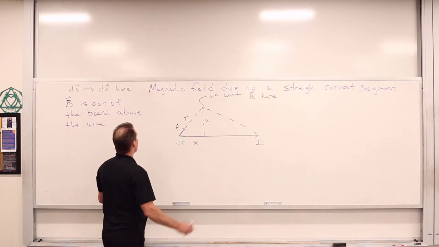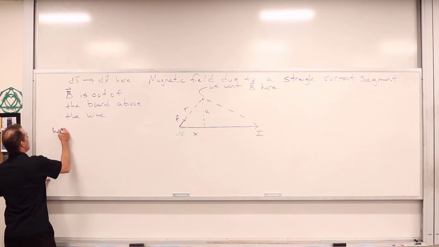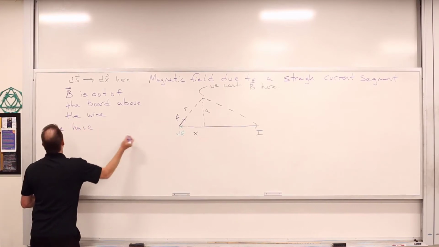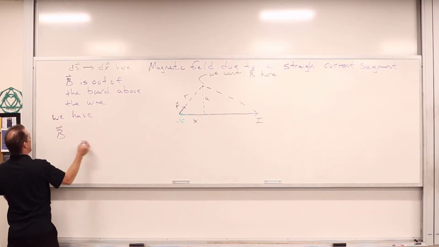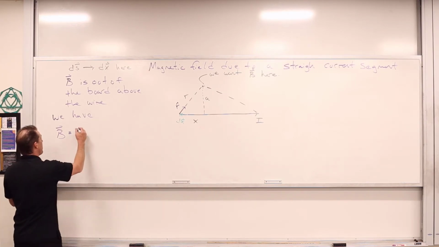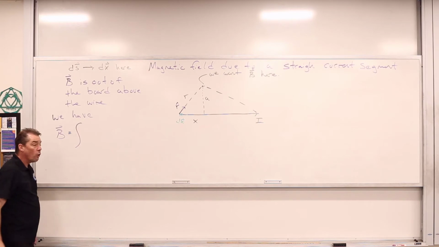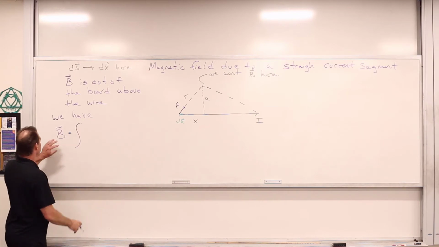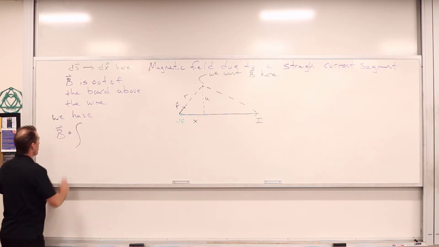So let's do this. B hat itself is going to be correlated with integrating over that Biot-Savart Law. So we're going to get rid of that dB, just turn it into B hat.